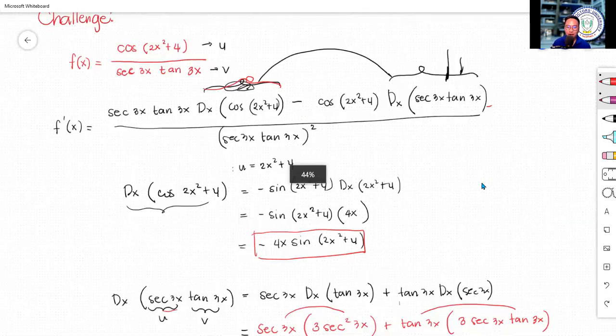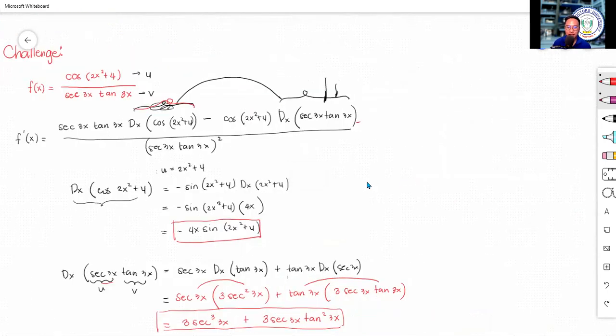So this becomes secant 3x tangent 3x times the derivative of this: negative 4x sine of 2x squared plus 4.